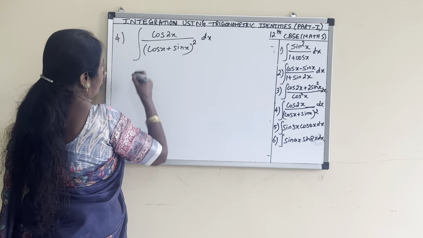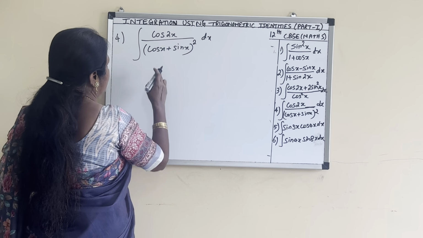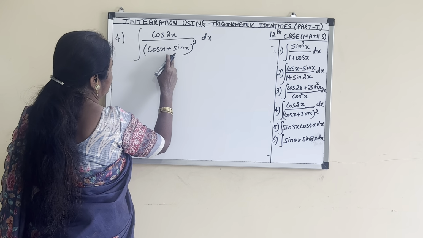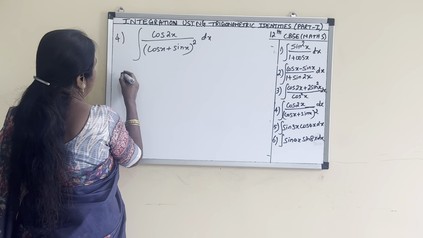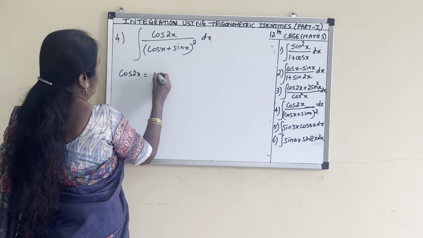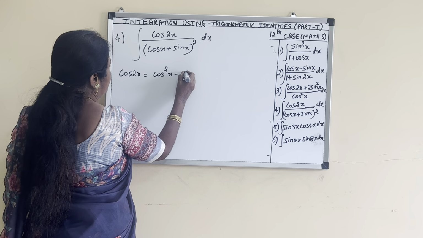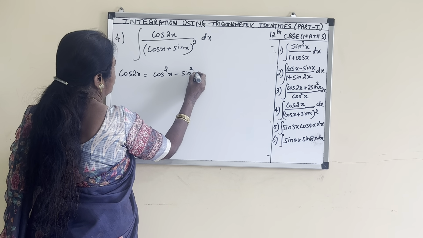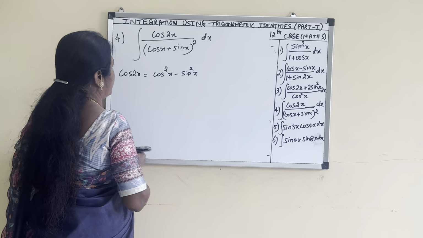So cos 2x formula, which formula can I use? It is in terms of cos x plus sin x. So I can also go for the first formula, that is cos 2x equal to cos squared x minus sin squared x.